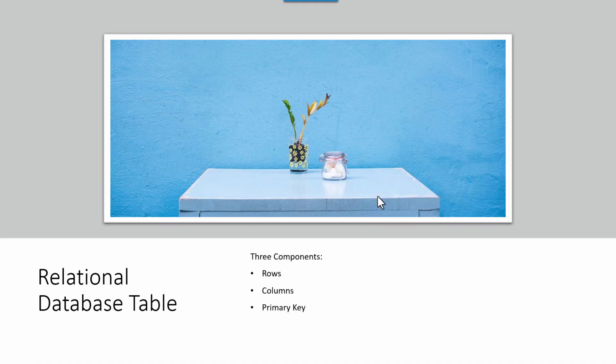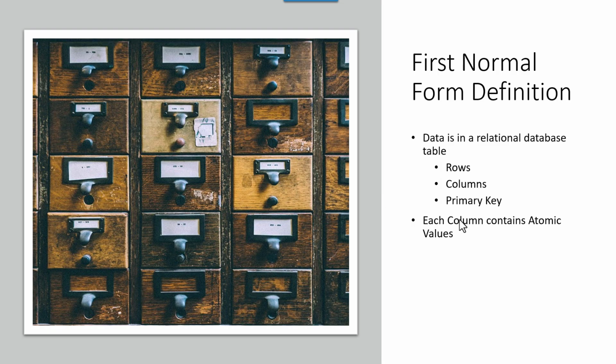Alright, so this wraps up our lesson on normalization. Let me just scroll back real quick, because I think it's important that we go over the definition again. The first normal form definition is pretty straightforward. Just keep in mind that the data is in a relational database table. It has rows and columns, so it means it's pretty much a rectangular shape, and each row is clearly identified using a primary key.